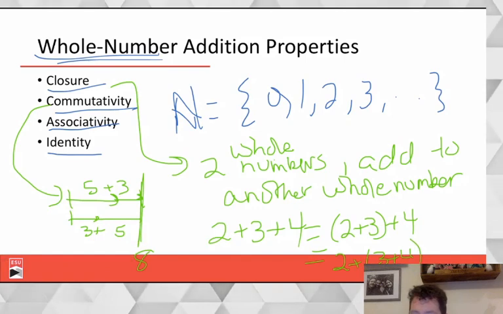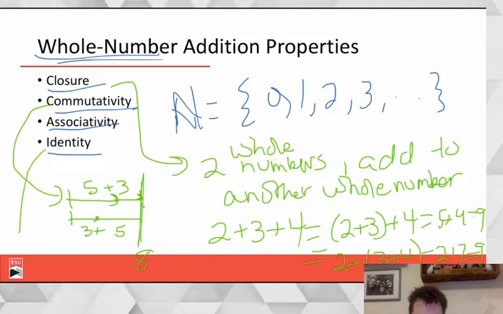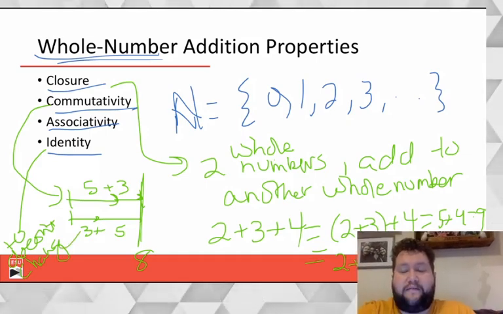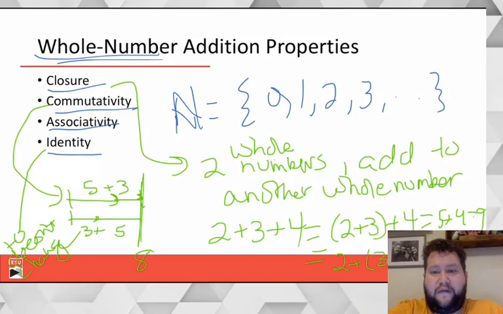Which is 5 plus 4, or 9, or 2 plus 7, which is 9. So associativity means we can group numbers together and add however we like. And then identity just means add 0 doesn't change. And each of these has their own slide, but I wanted to give you the informal big idea before we dig into them in detail.